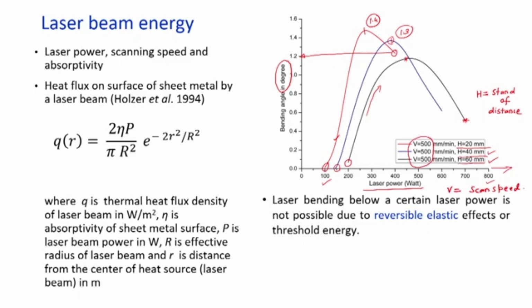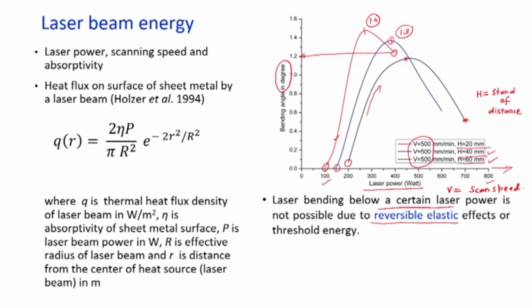The reason behind this trend is attributed to reversible elastic effects. When the laser power is less and the scan speed is sufficiently high, we may not get sufficient thermal stresses to give us plastic deformation. These reversible elastic effects are due to low laser power.